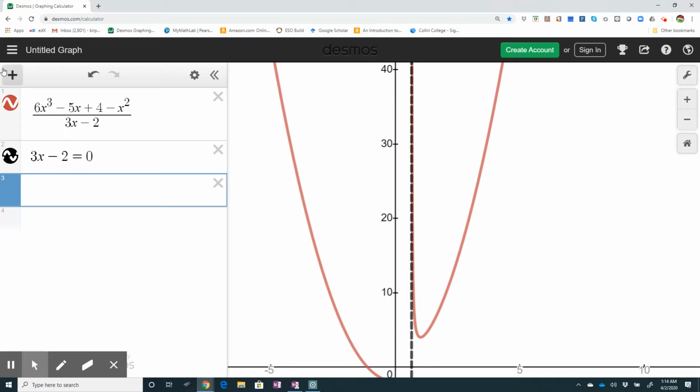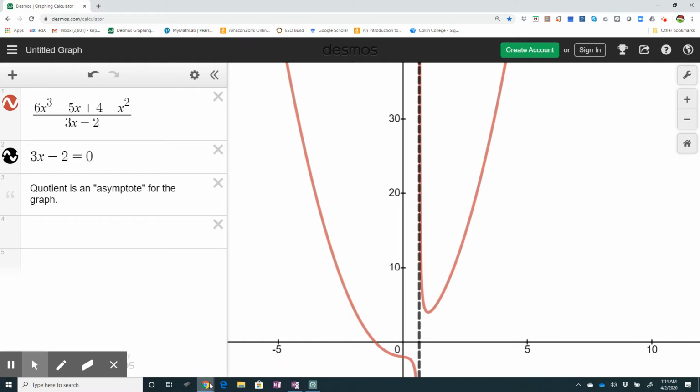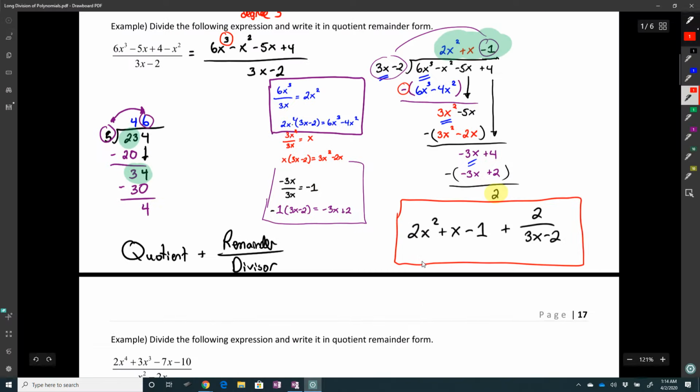My quotient, let me put a note. Quotient is, and I'm going to put this in parentheses because it's not really the definition of an asymptote. What I mean by asymptote is that the graph looks like it. So my quotient for the problem was 2x squared plus x minus 1.